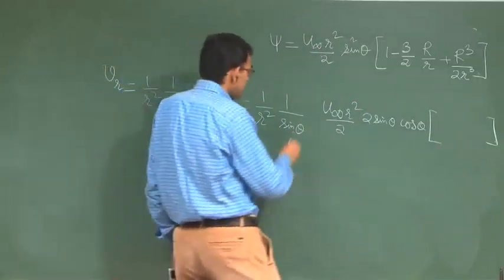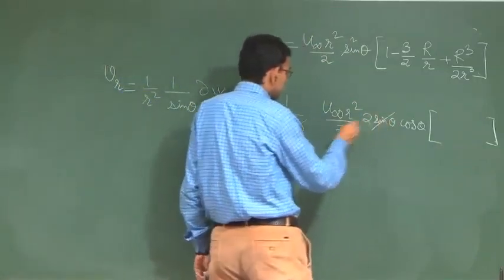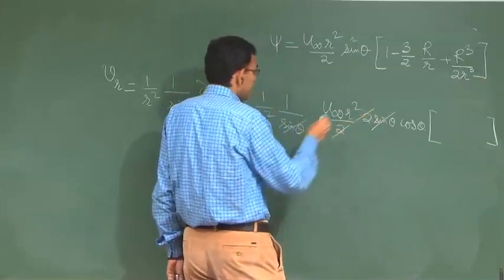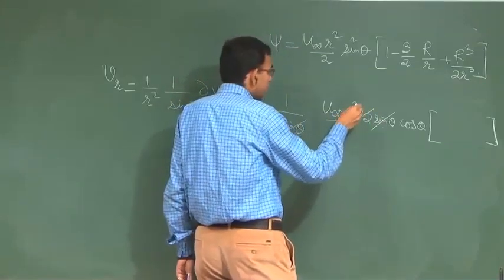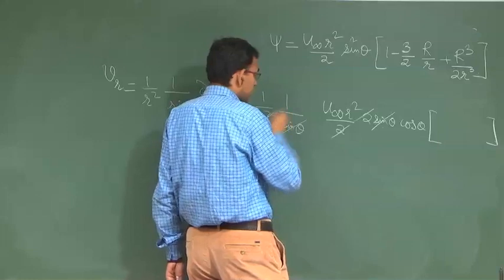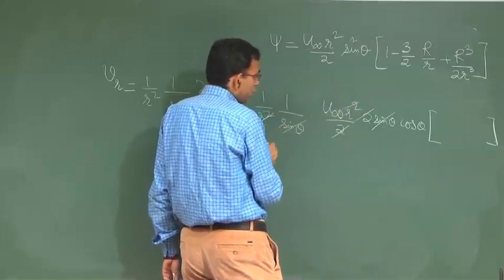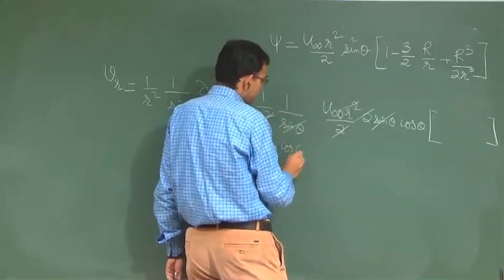So this sin theta gets cancelled, this 2 gets cancelled, even this r square gets cancelled. So u infinity cos theta.